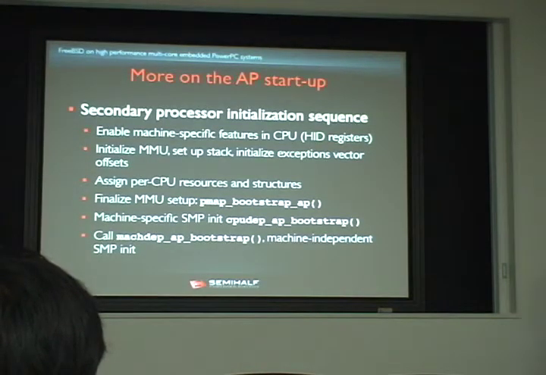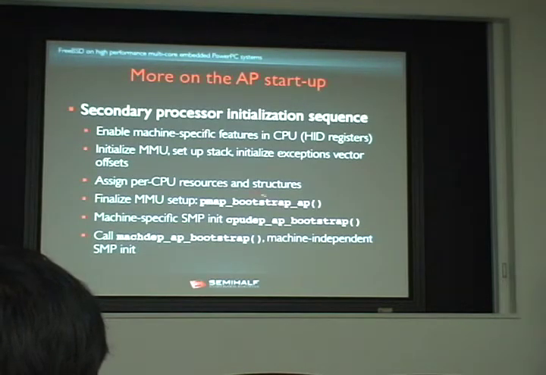The secondary processor's initialization steps are pretty similar to what the BSP has done. We would enable the low level of the CPU. We basically need to replay pretty much everything that the BSP has done, because they are separate entities. We have noted that they've got separate MMUs, separate L1 caches, and separate other resources, so we need to initialize them in the same way.